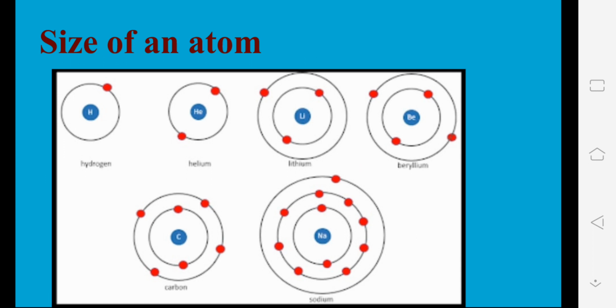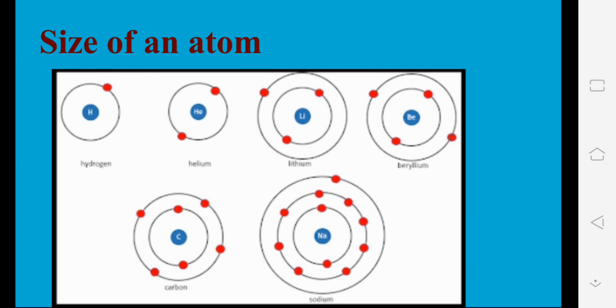Now, the size of an atom. The size of an atom, or the atomic radius, depends upon the distance between the nucleus and the outermost orbit. If you see the image shown over here and compare two atoms, for example hydrogen and carbon, hydrogen has the smallest size, and carbon has a bigger size than hydrogen. Here carbon has two orbits and hydrogen has only one orbit.